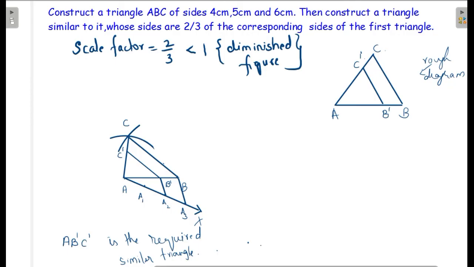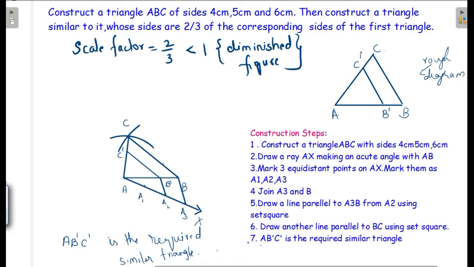Now for this we need to write the construction steps. Let us write the construction steps. Construction steps are, first what did we do? Construct a triangle ABC with sides 4 centimeters, 5 centimeters and 6 centimeters. Then we have drawn a ray AX making an acute angle with AB.